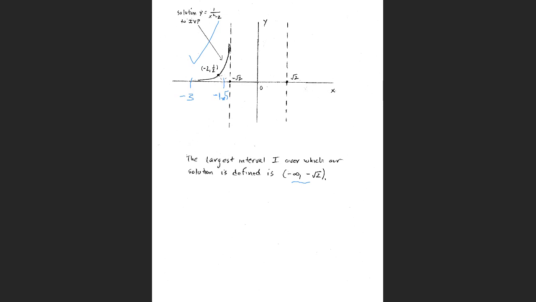Okay. Thank you. All right. I think he was asking whether the fact that we found the largest interval matters, rather than just some interval. Well, we're really interested in the largest interval over which the solution is defined. Why not just say what's the interval over which the solution's defined? And then you say negative infinity to negative root 2.